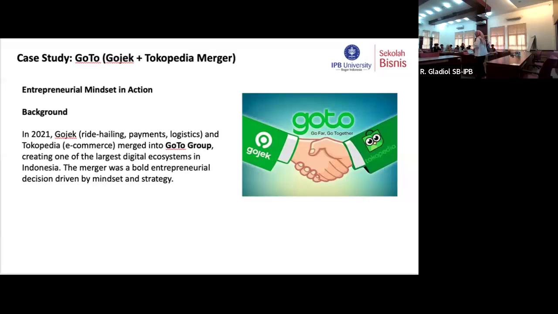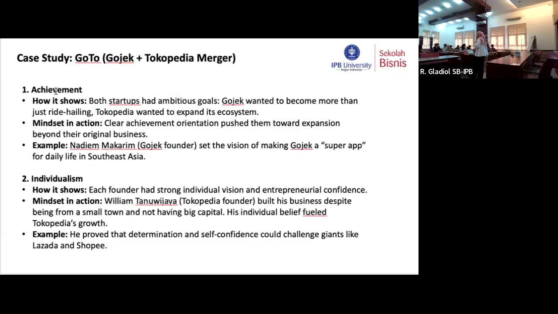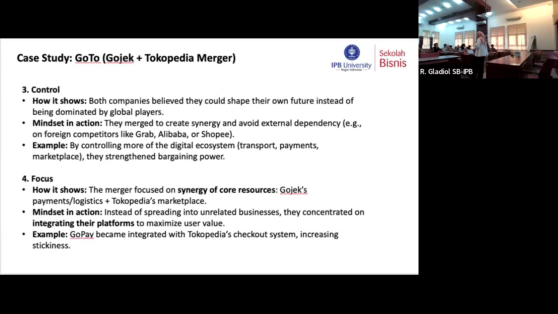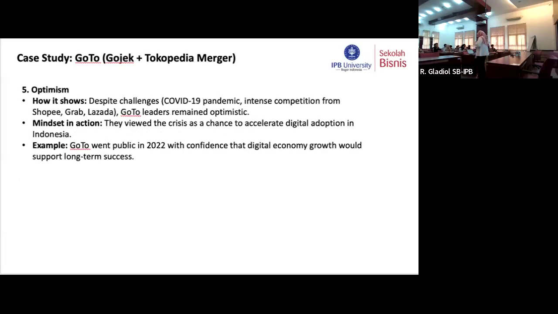The first one, as we can see in the background: Tokopedia and Gojek merged into GoTo Group, creating one of the largest digital ecosystems in Indonesia. The merger was a bold entrepreneurial decision driven by mindset and strategy. This is the achievement, individualism, and also control, focus and optimism.